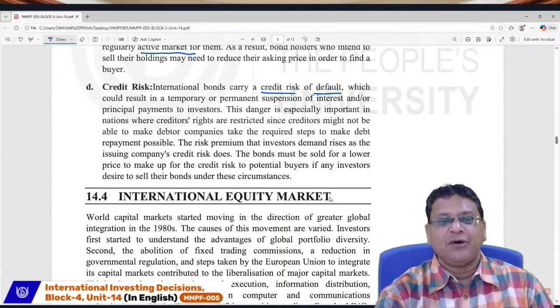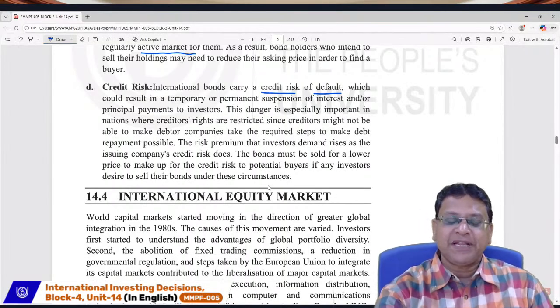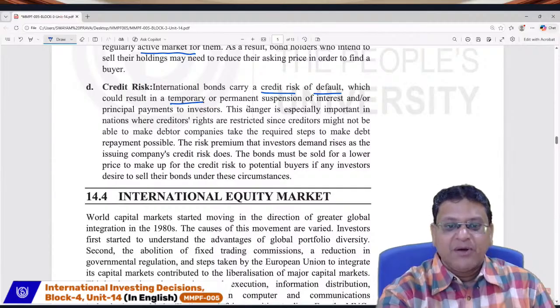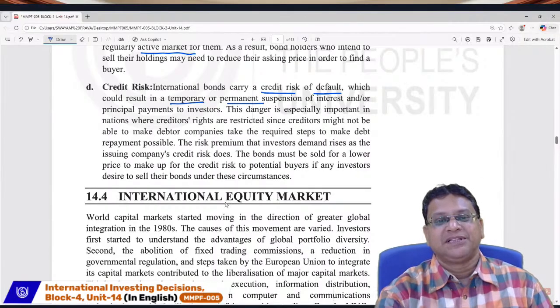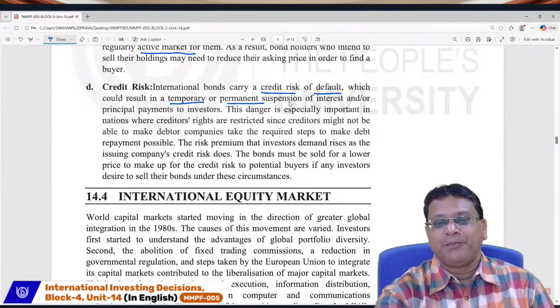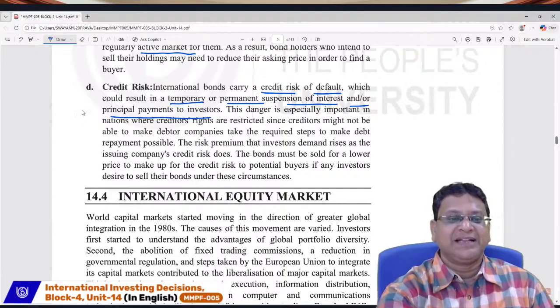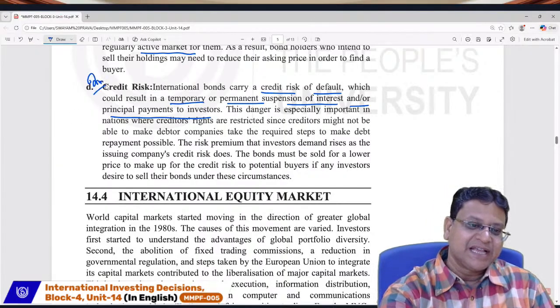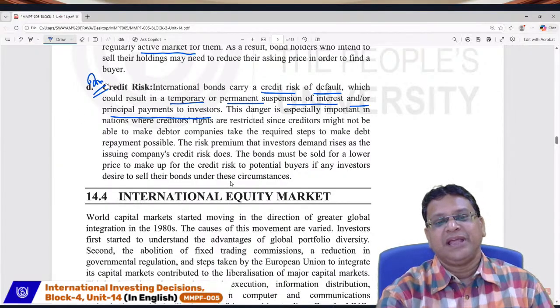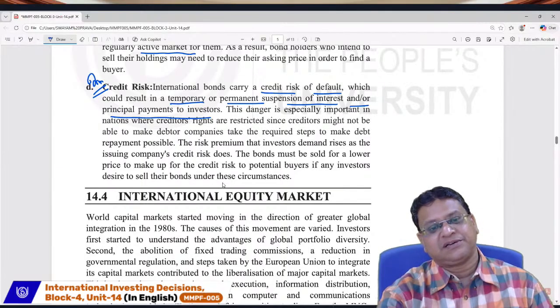That is known as counterparty risk. The counterparty risk may be temporary or it may be permanent. There may be temporary or permanent suspension of interest or principal repayment to the investor, and this is known as credit risk associated with an international investment.